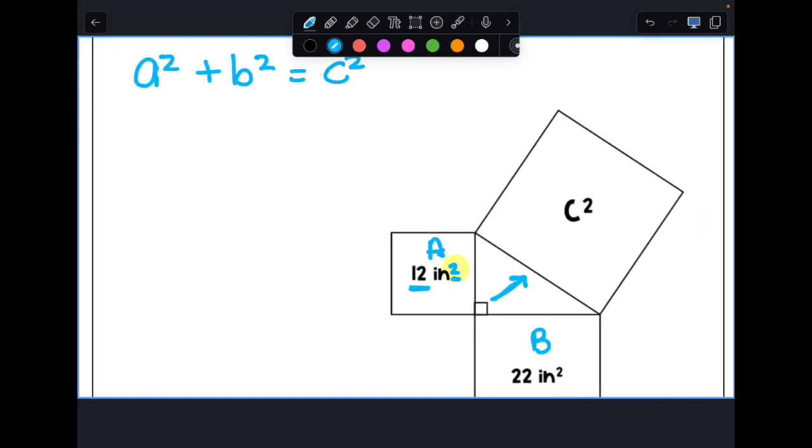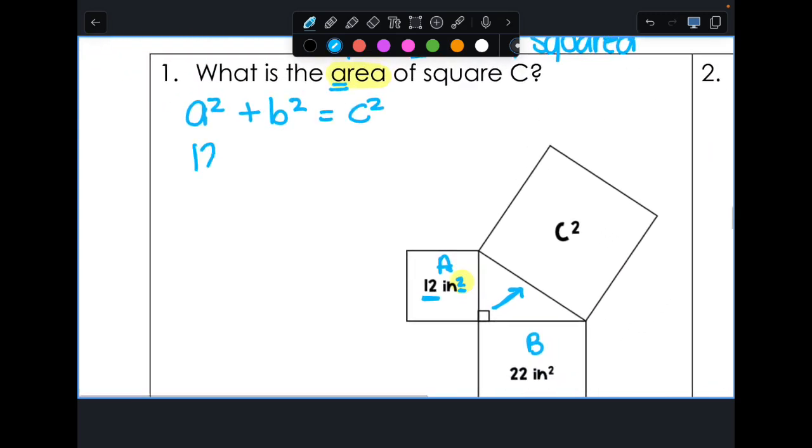Got it? So A squared is 12. What is B squared? 22. So now we're going to look for C squared. 12 plus 22 is? 34.